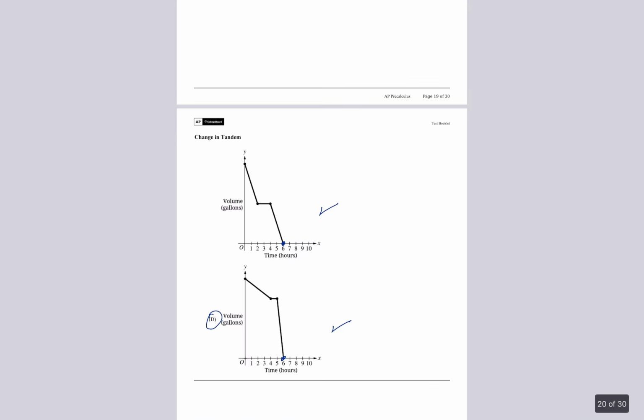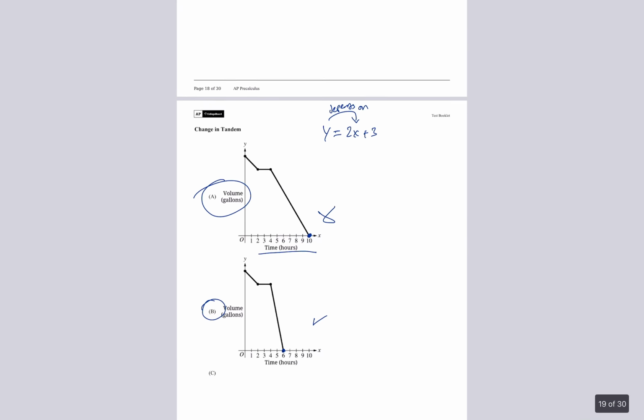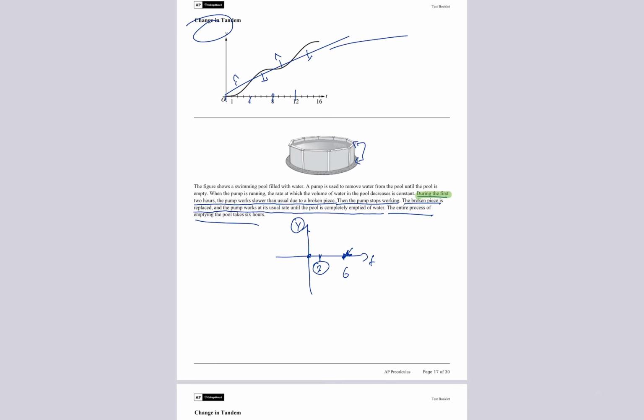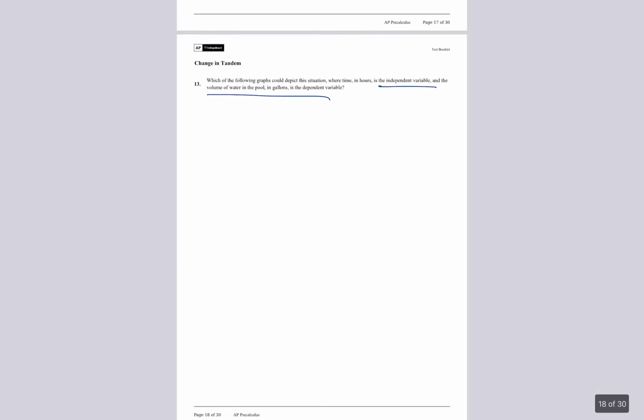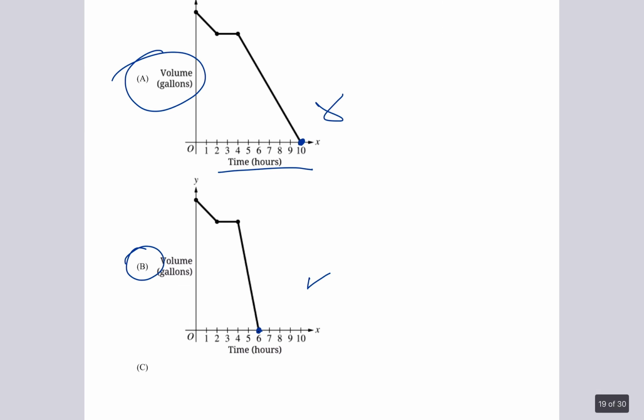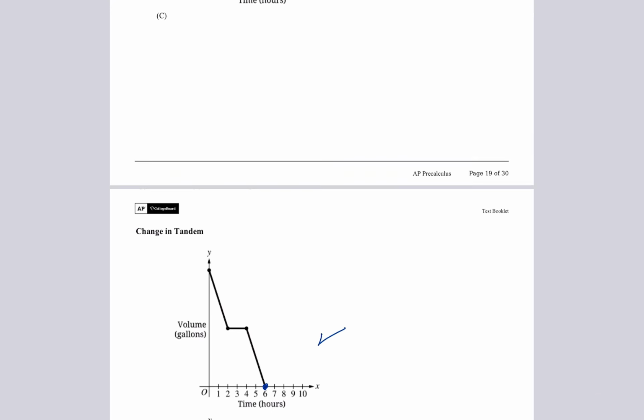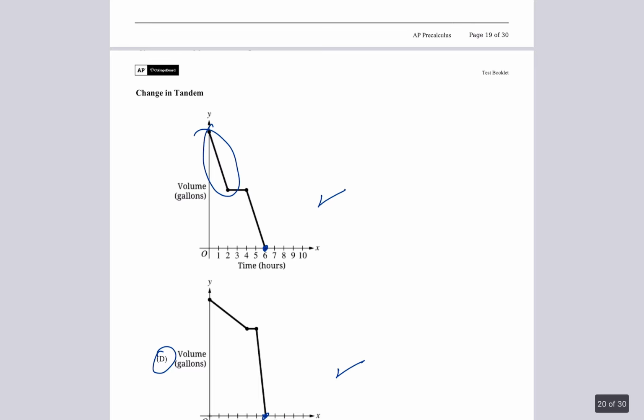Now, let's have a look at this part. They mentioned during the first 2 hours, the pump works slower than usual due to a broken piece. So the first part should be slower than the second part.